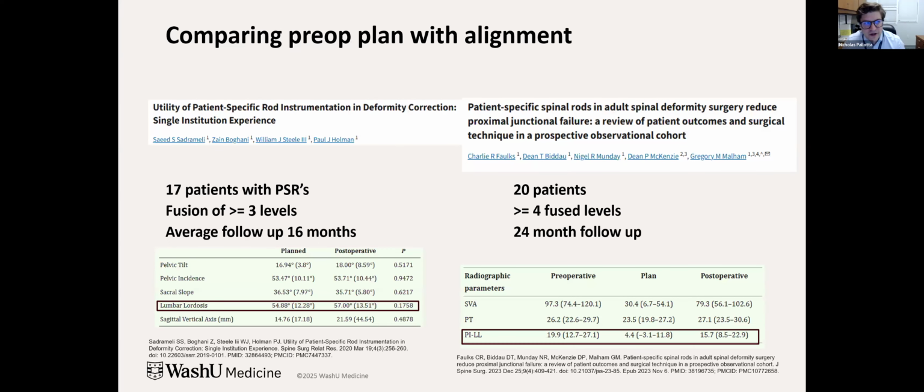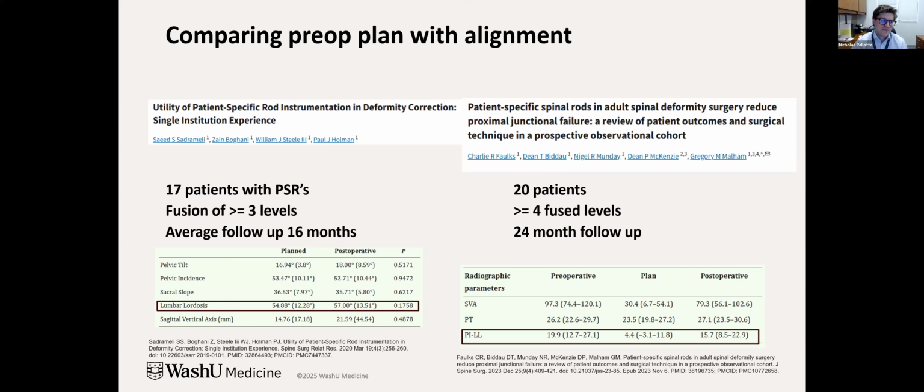In terms of comparing pre-op planning with alignment, the data, at least for adult deformity surgery, are somewhat varied. I think the variance is based on just how the studies were performed. These were two of the biggest cohorts on that subject that I have seen.